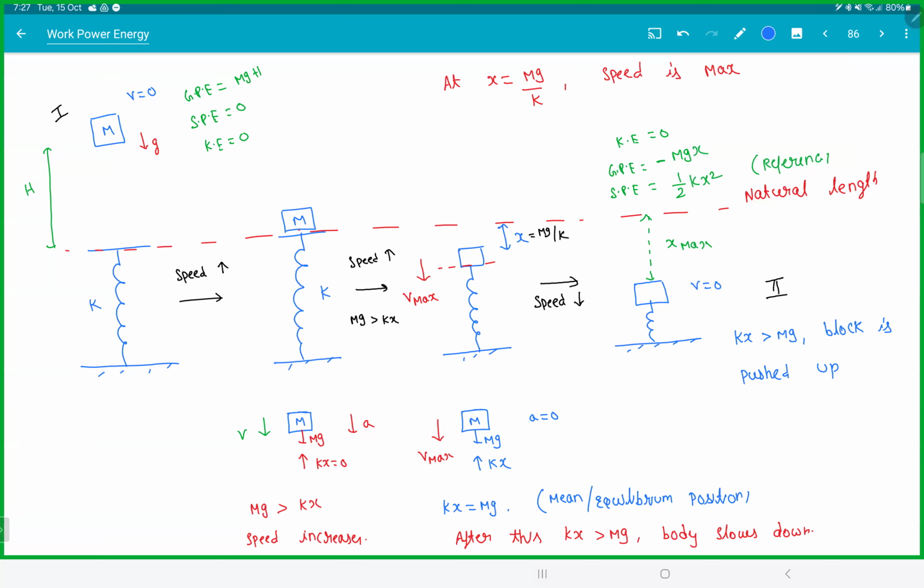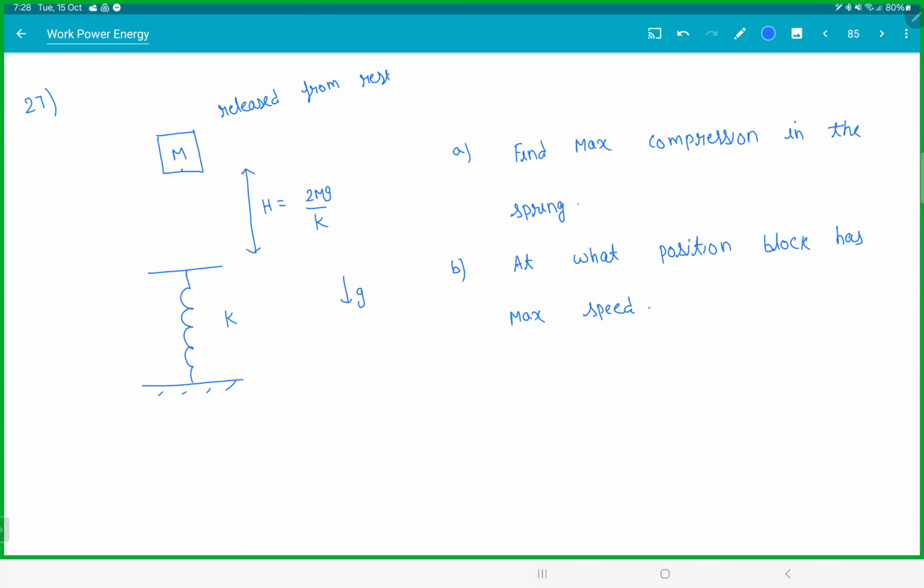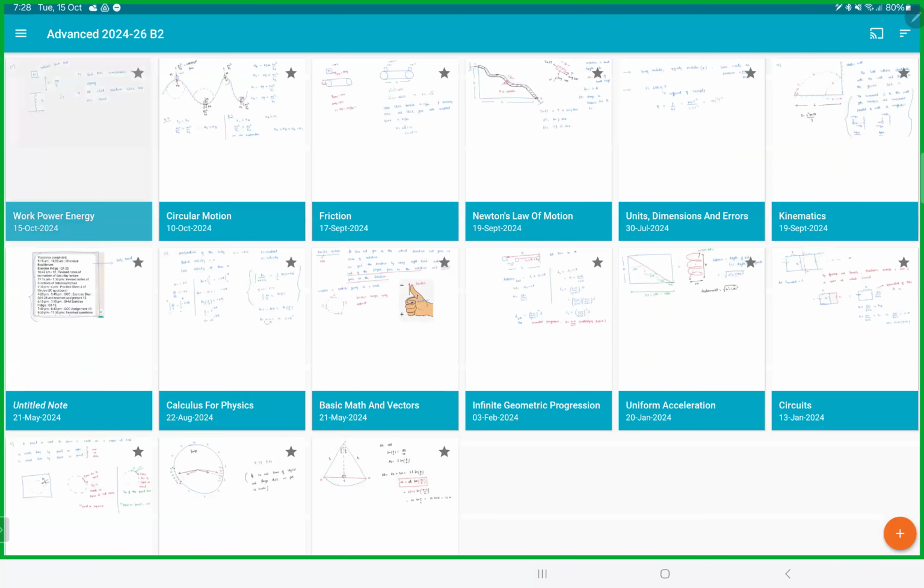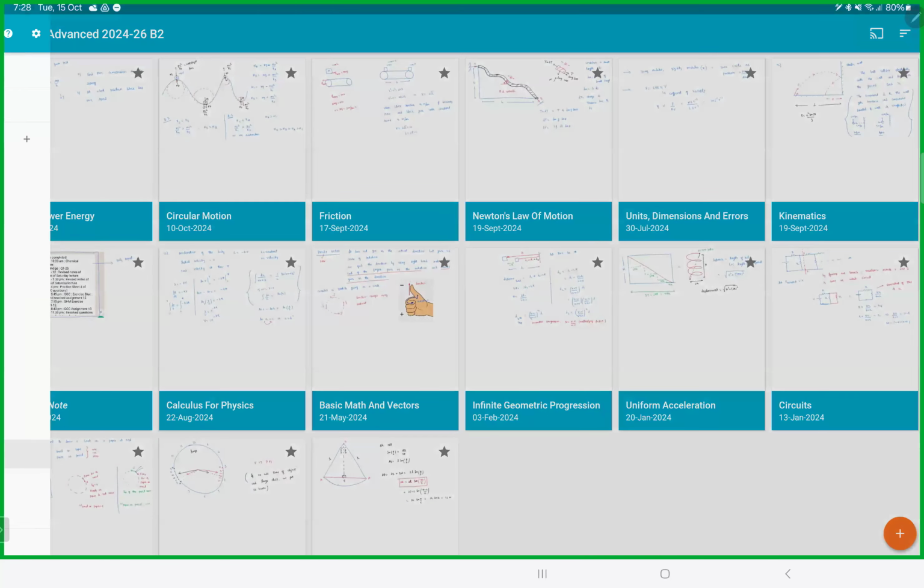Let's see the next one. This is a good one. We will actually see a question later on: find the time taken for it to go up. That would be a deadly question, an advanced question. It'll be fun. It looks like this.